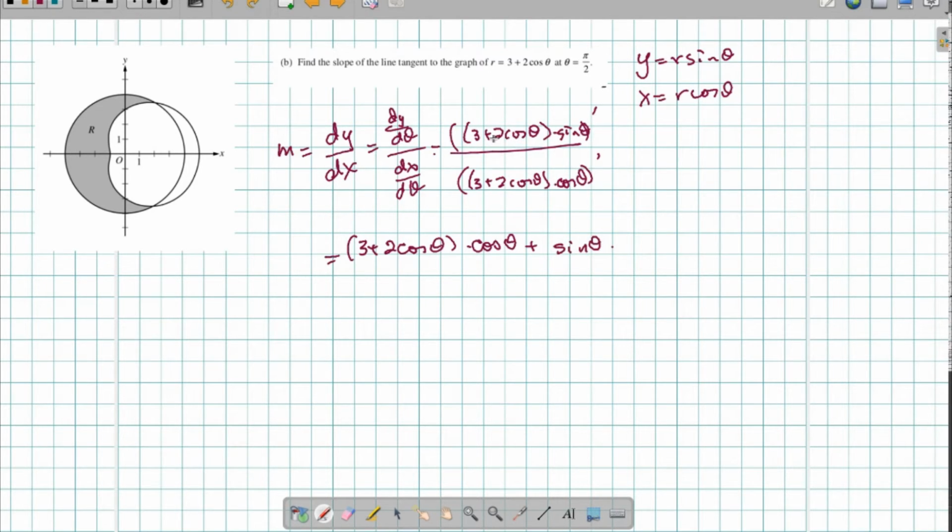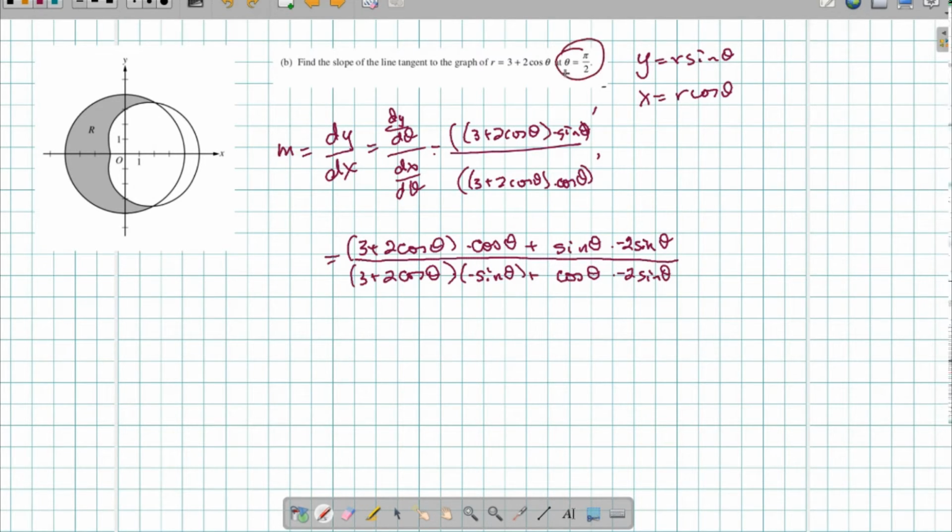And the derivative of this is going to be negative 2 sine theta. Over, here I'm going to have the first times the derivative of the second, which in our case is negative sine theta, plus the second, cosine theta, times the derivative of the first, which is going to be negative 2 sine theta.